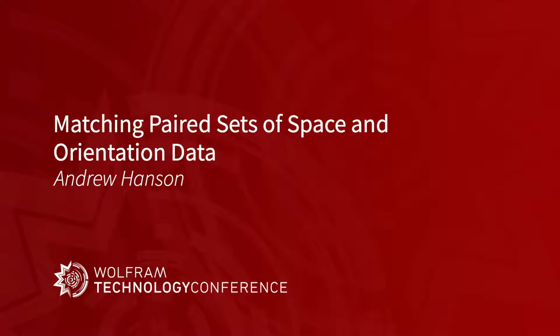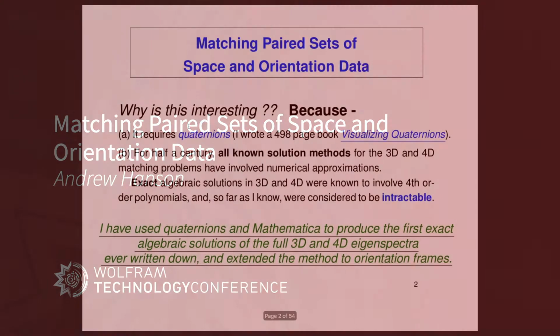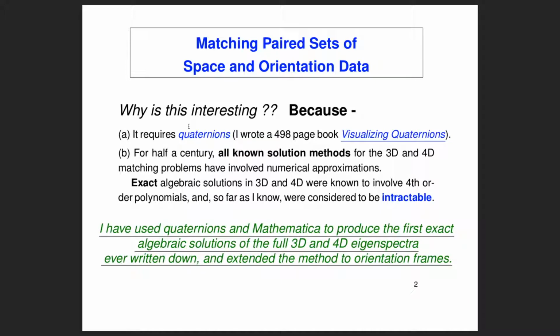After speaking to a number of people here at the last WTC, I gradually worked my way into a rather interesting set of solutions and new problems in the orientation matching problem. So I'm going to talk about paired data sets, which are interesting for a lot of reasons.